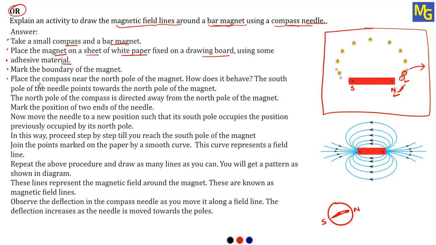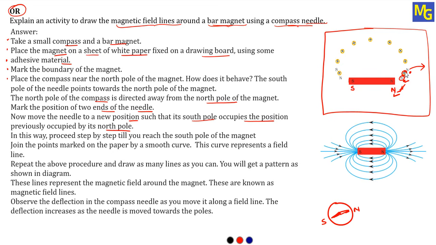So see here, place the compass needle, and the north pole of the compass is directed away from the north pole of the magnet. Mark the position of the two ends of the needle, both south as well as north. Now move the needle to a new position such that its south pole occupies the position previously occupied by the north pole.